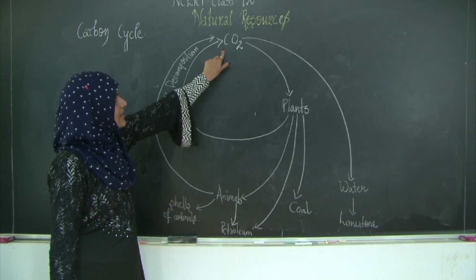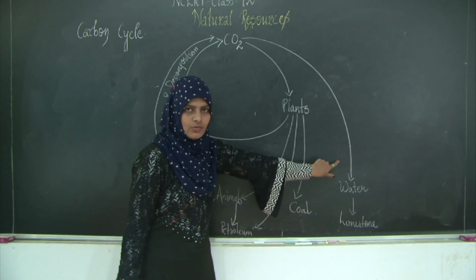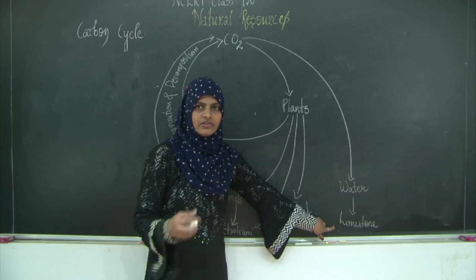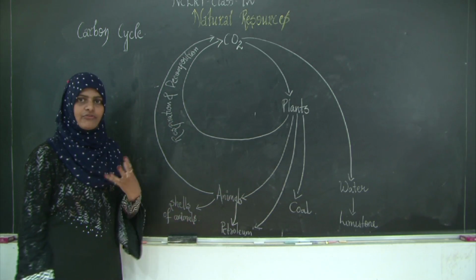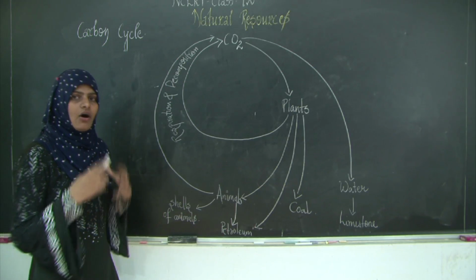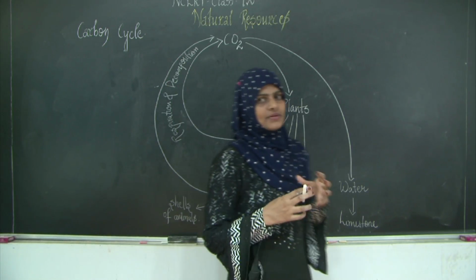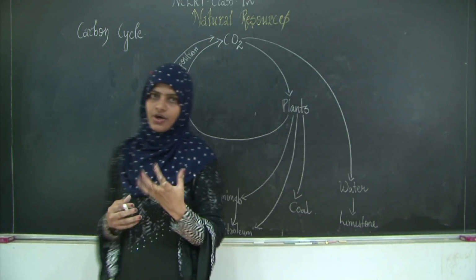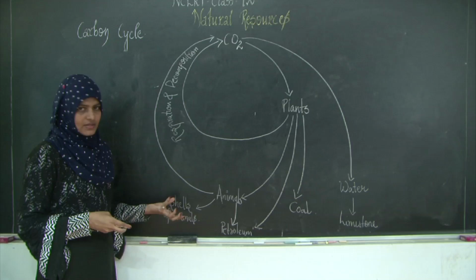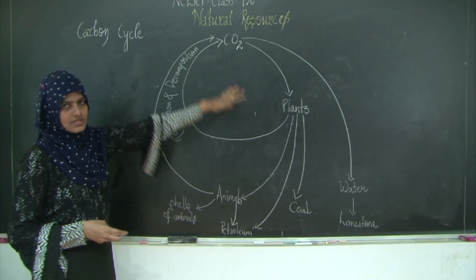Fine. Then the carbon dioxide moves even in the water, and it is generally present in the water in the form of limestone. These animals also have the carbon in the form of shell. The shelled organisms will have the carbon content in the form of their shells. The shells are generally made up of calcium carbonate. So over there also the carbon is coming. So this is your carbon cycle.